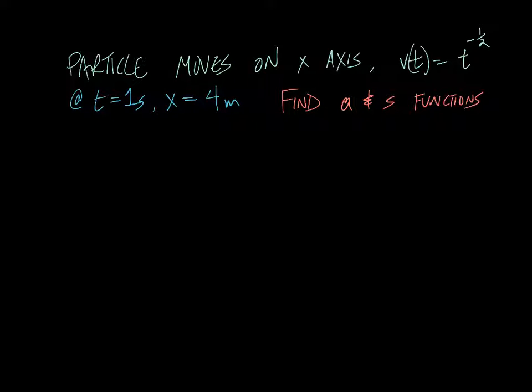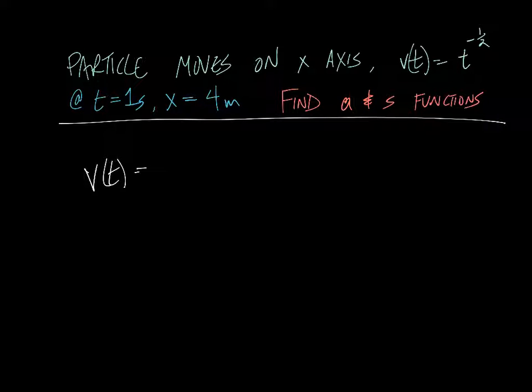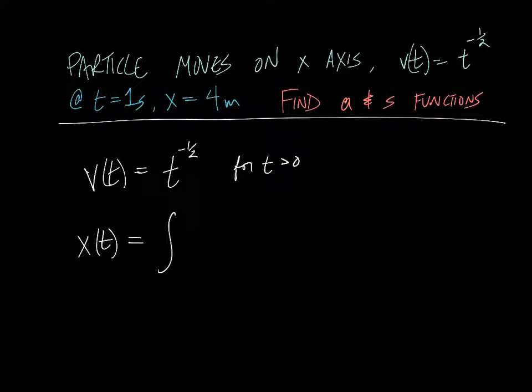All right. So I have v of t equals t to the minus 1/2, and this will be for t greater than 0 necessarily. All right. So what will x of t be? Well, the other time I did a derivative. If I want to go the other way, I do an integral.